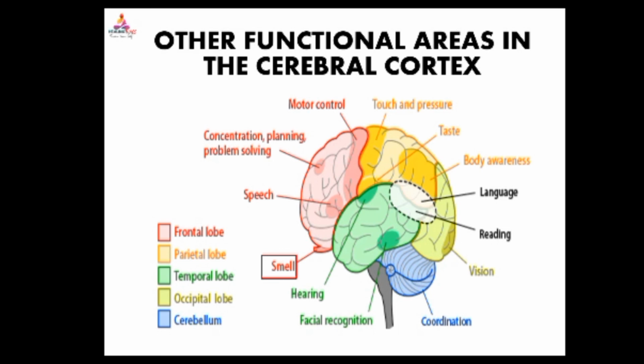A lesion of this area leads to olfactory hallucination. Then next is the paracentral lobule. This cortical area is located on the medial surface of the cerebral hemisphere above the cingulate gyrus, between the medial frontal gyrus in front and the precuneus behind.